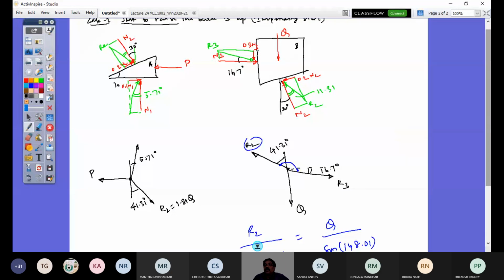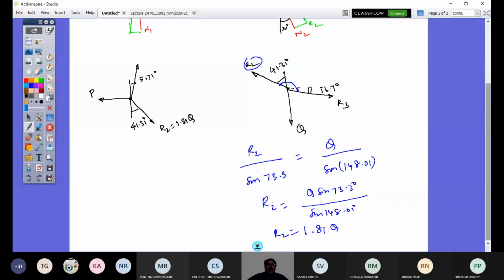Any doubt in this? So now we apply Lami's theorem and solve. So this is R1, and I require now P. So I can get P by the sine of the angle included by these two vectors. What is that angle?